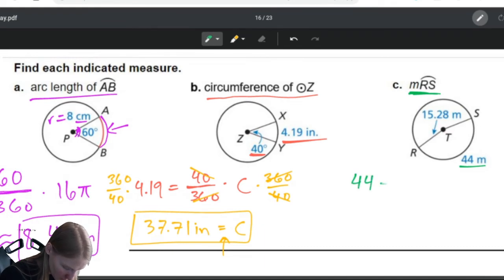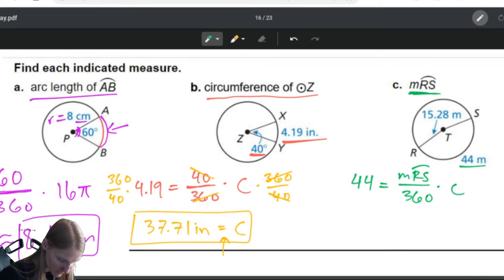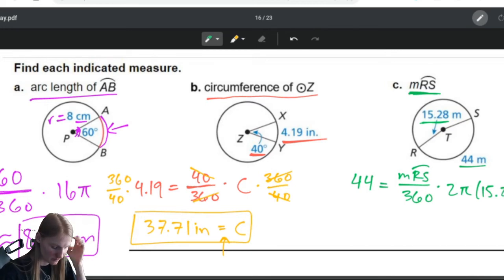So I have 44 equals the measure of RS over 360 times the circumference, which is 2 pi r. And I know what r is. R is 15.28. Beautiful.